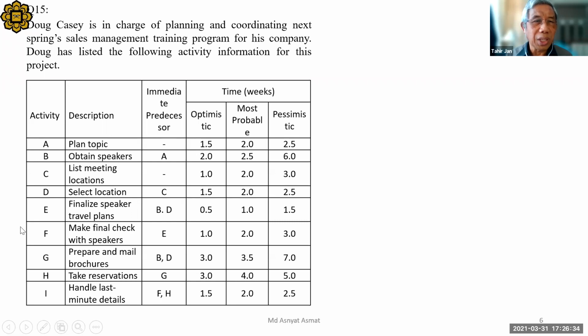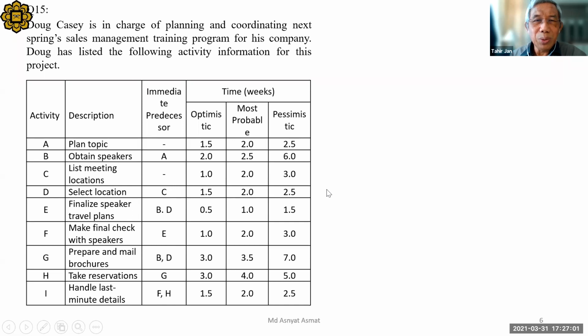This is labeled A to I, and we are given information about the immediate predecessor in column 3. For the activity duration, he gives you 3 sets: optimistic, most probable, and pessimistic activity durations.